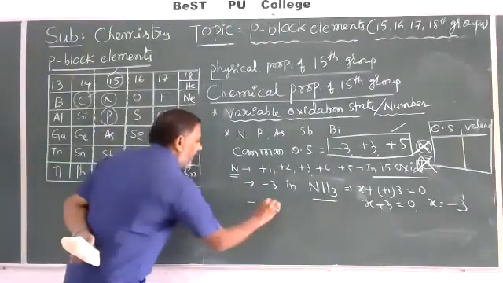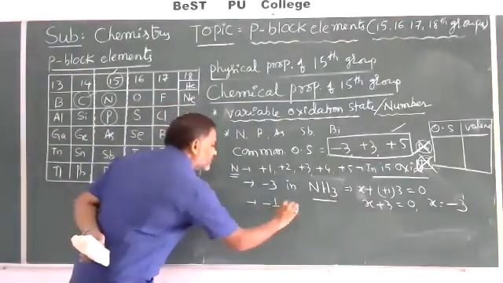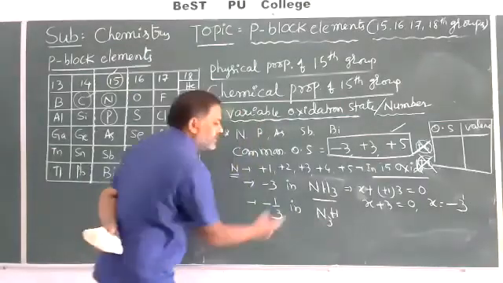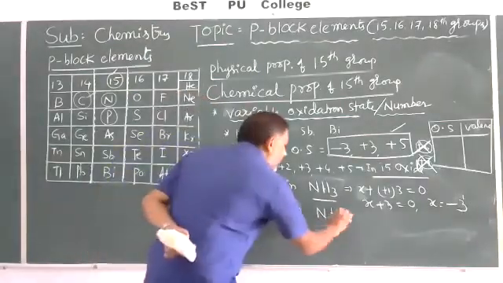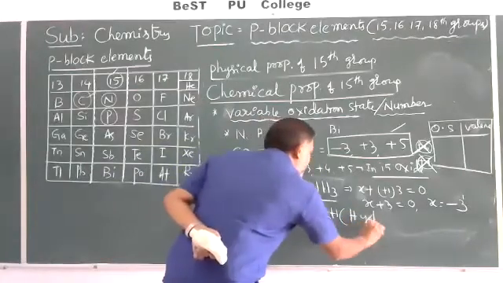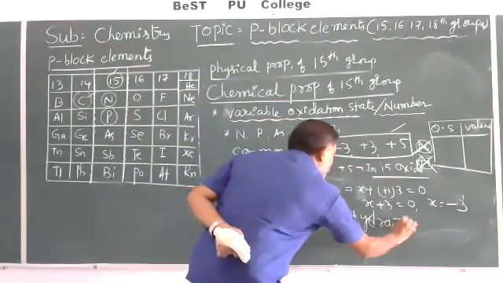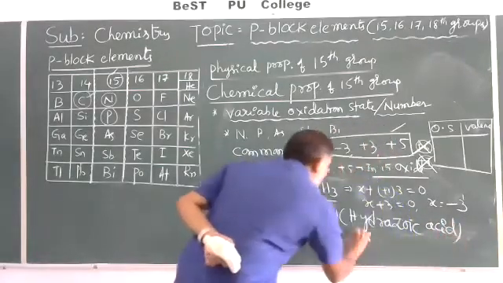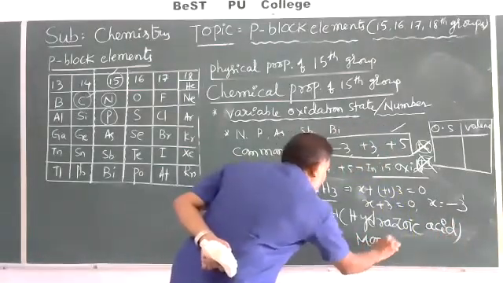And -3 also shows in N3H, this is called hydrazoic acid. This hydrazoic acid is a monobasic acid.